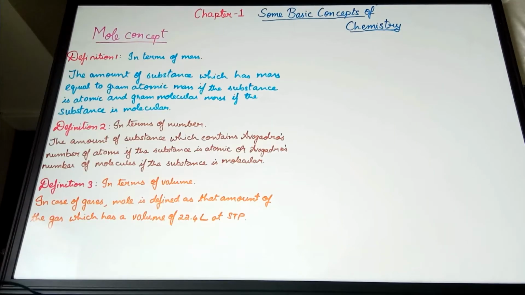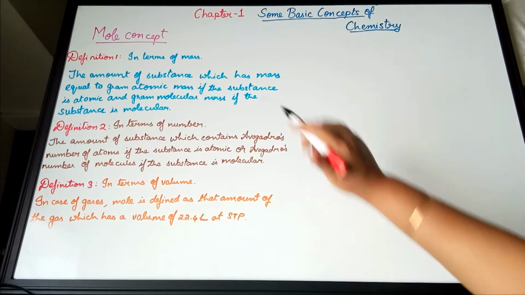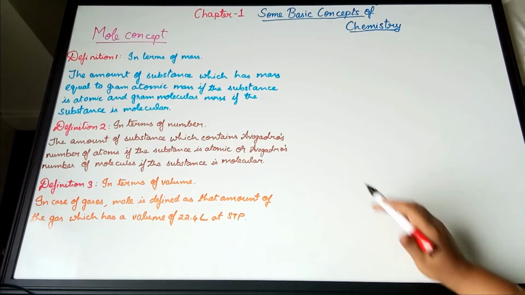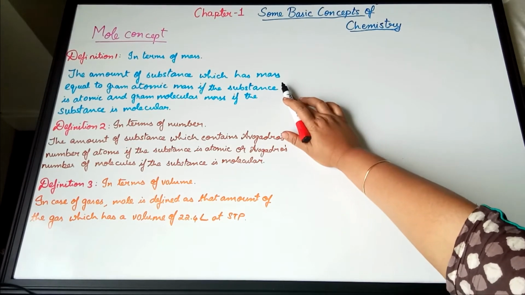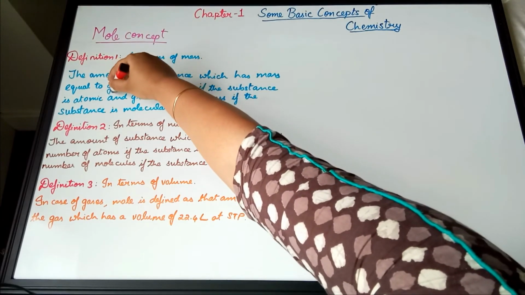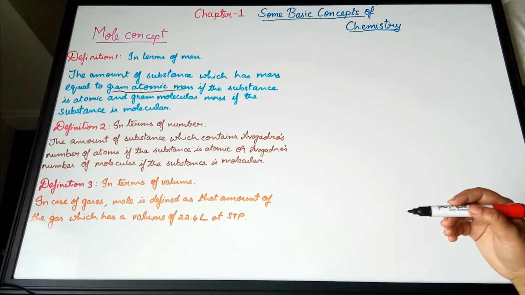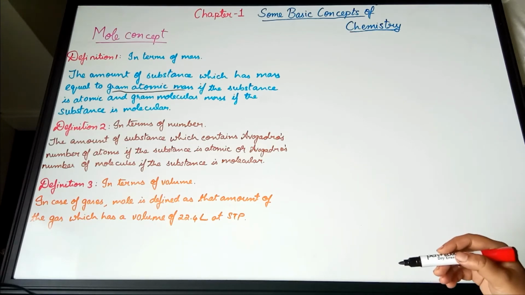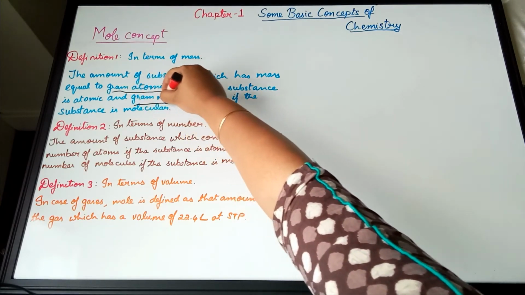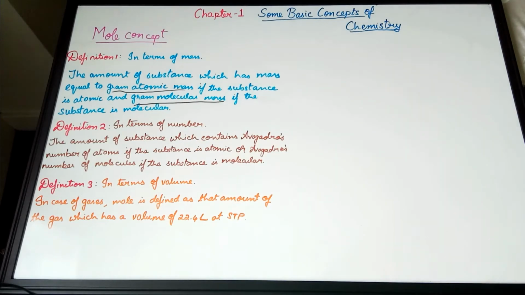Okay, so for the definition of mole, there are three different definitions that we need to remember. The first one is with respect to mass. The amount of substance which has mass equal to gram atomic mass if the substance is atomic, and gram molecular mass if the substance is molecular.